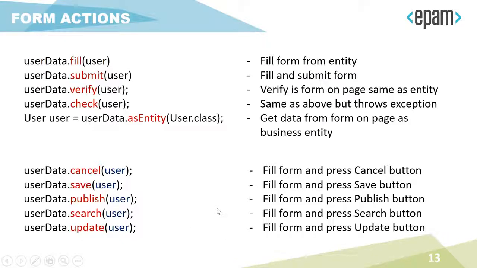For example, you can cancel the form, submit it, you can publish data or something like this, and you have the same form, but different actions will move you to different pages or will do different activities. So you can separate all this stuff with these predefined methods.